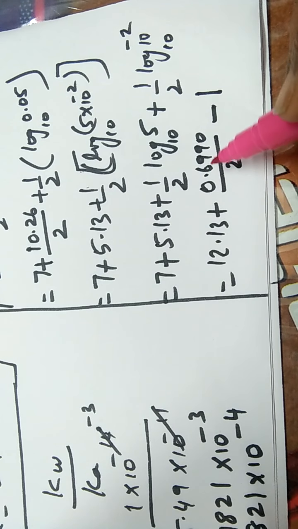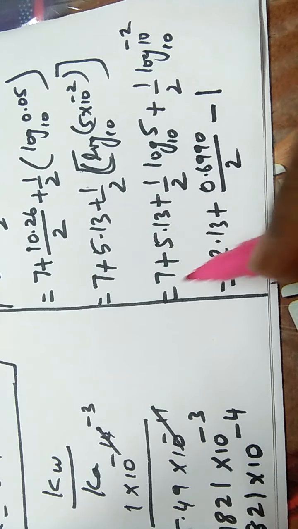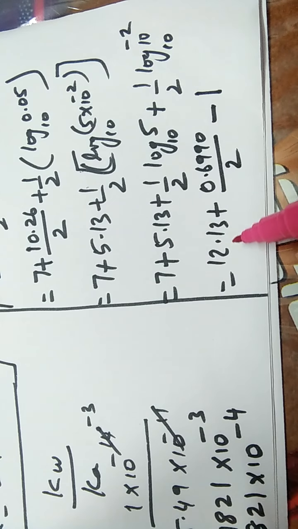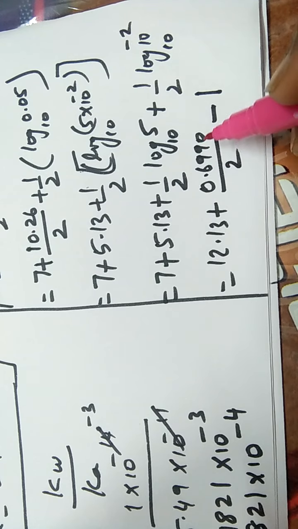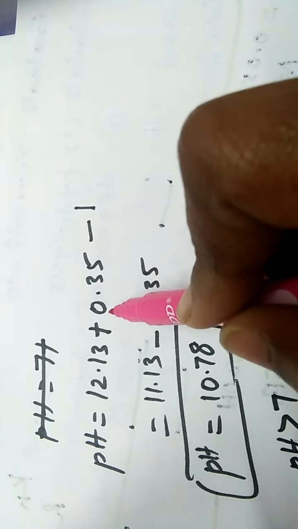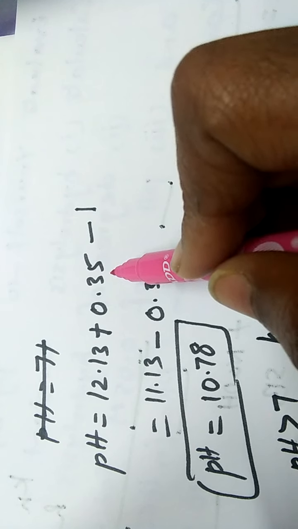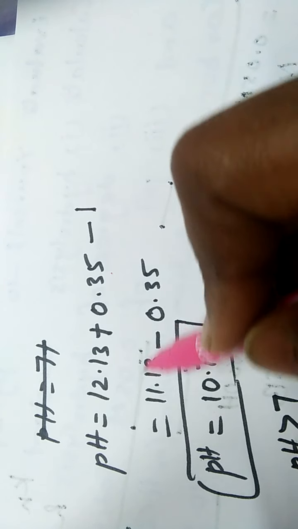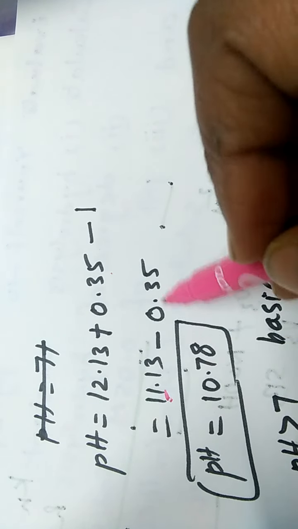Log 5 becomes 0.6990 by 2. So here 7 plus 5.13 is 12.13 plus 0.6990 by 2 minus 1. 12.13 minus 1 is 11.13. 0.6990 by 2 is 0.35. 11.13 minus 0.35 becomes pH 10.78.